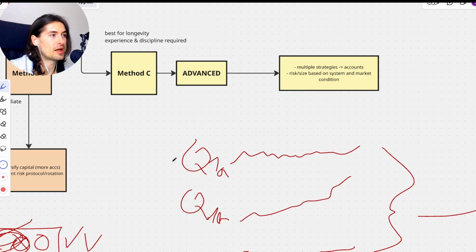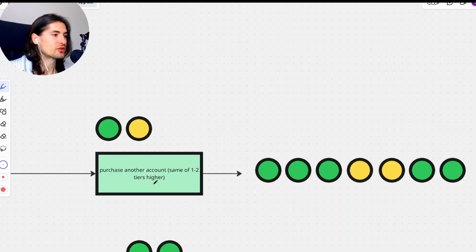How you approach trading these accounts will also vary, and you can pretty much use the methods that I already described previously. What I should also mention is you should be focusing on tier 1 or higher accounts. What it means is if you're purchasing, let's say, 10k, after the first payout you're not going to be trading 100k. You probably want to add another 10k account, or maybe you're going to focus on 25. What you want to do is increase your account size gradually.